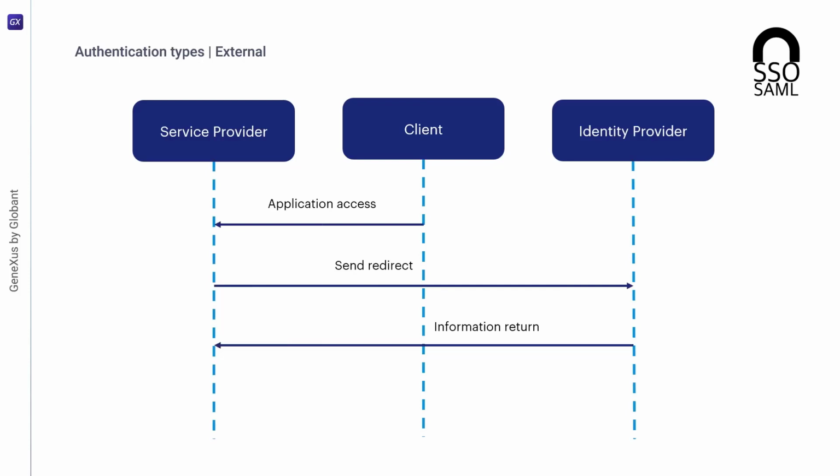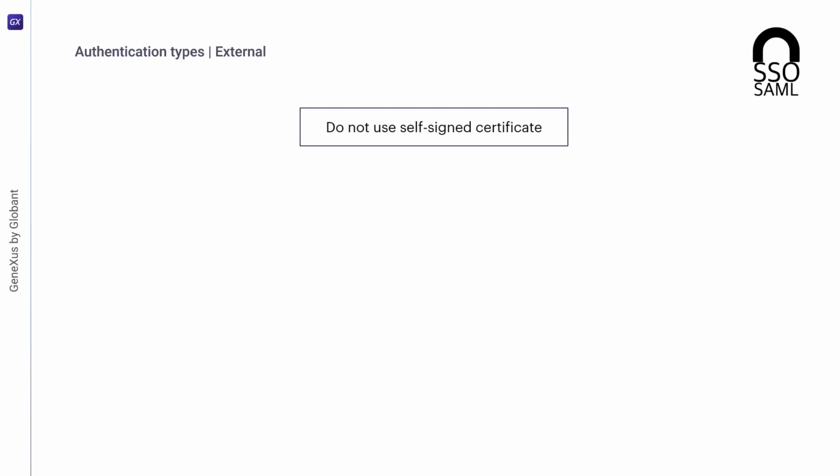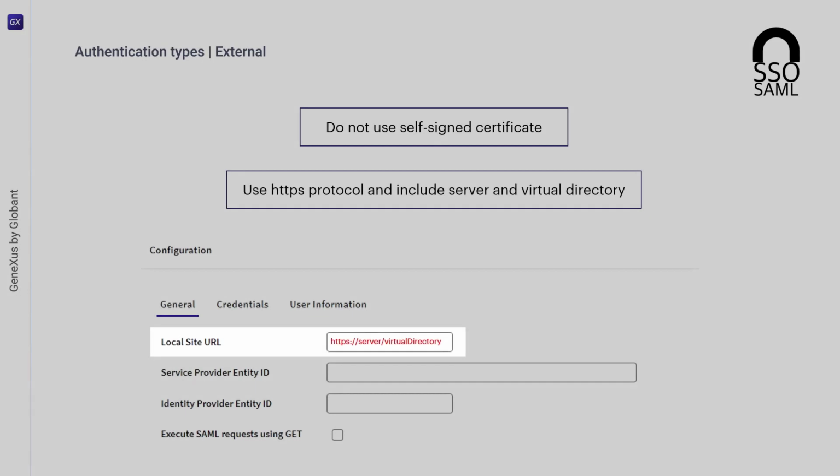Lastly, the user is redirected to the target URL. The following should be mentioned about SAML. Regarding certificates, it's recommended not to use self-signed certificates. The local site URL property must have HTTPS protocol and include a server and virtual directory as shown on screen.